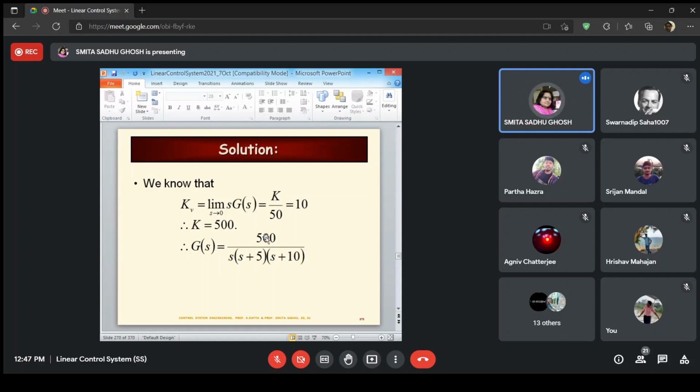Need not write, but just to keep everything clear in front of your eyes. So 0 degrees minus 90 degrees and then the contribution from this one. So j omega plus 5 is what you have over here as this term. So how much of contribution from this? Minus tan inverse omega by 5.